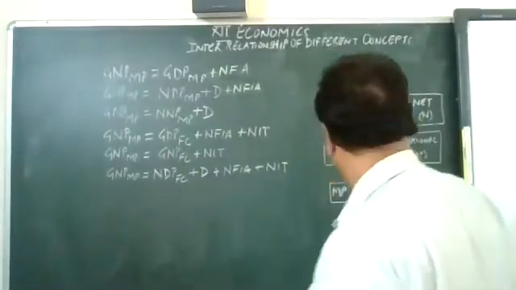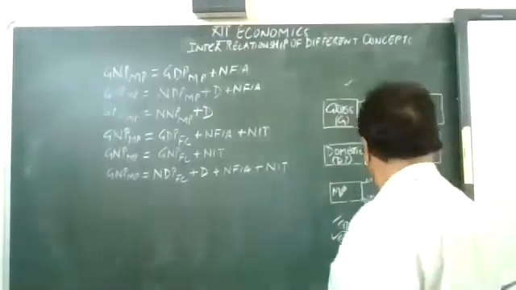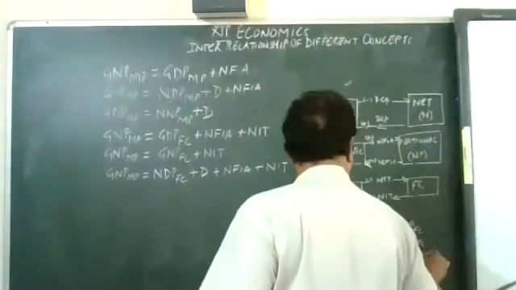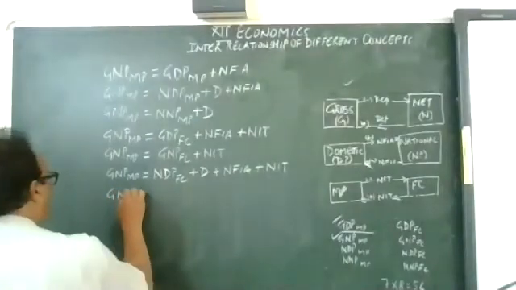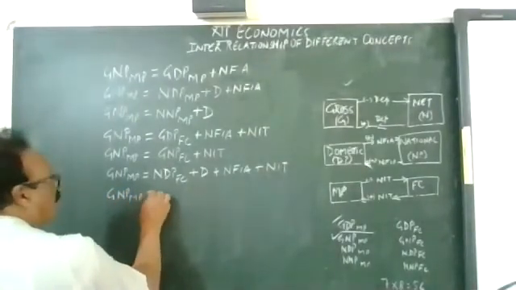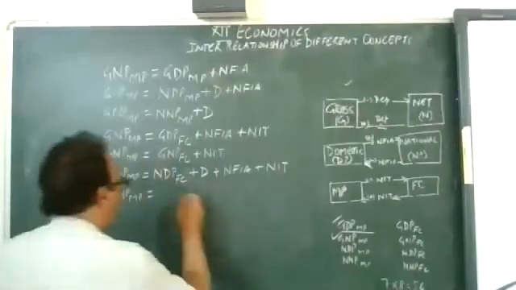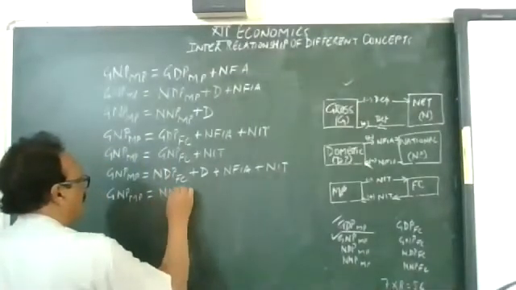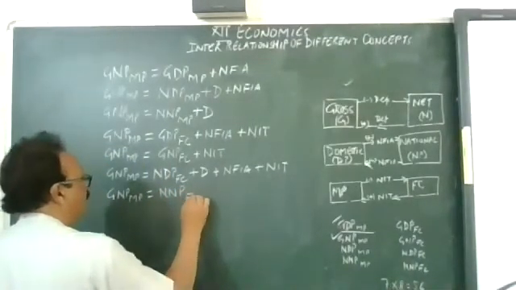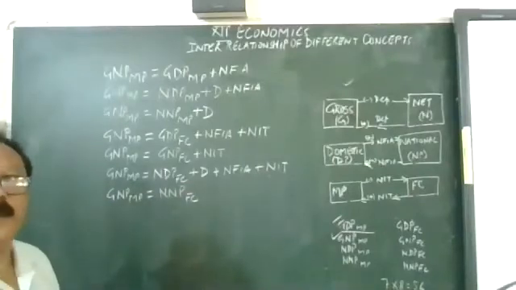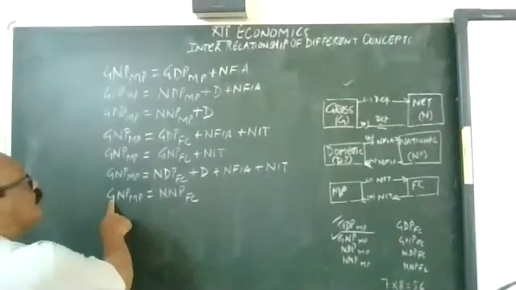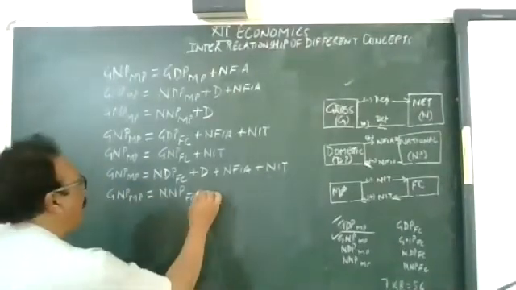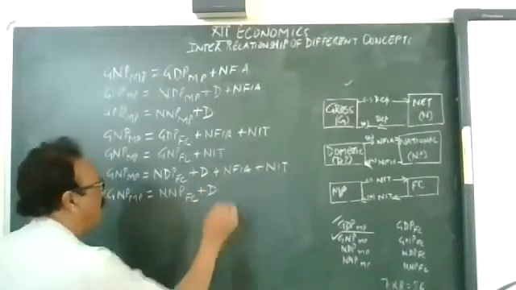Okay, wherever I reach here at factor cost. Now the next is GNP at market price. Find it from NNP at factor cost. Okay, net to gross, we will add depreciation.